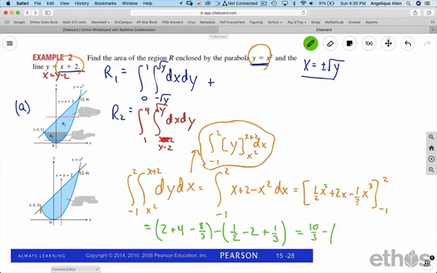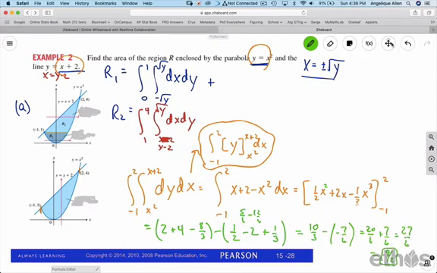And 1/2, that's 3/6, and 2/6 is 5/6, minus 12/6 would be -7/6. So we need 26 plus 7/6, 27/6, or 9/2. All right, and there we go.